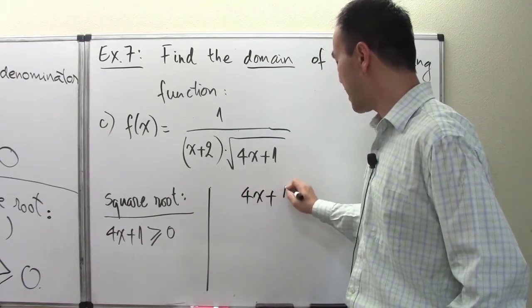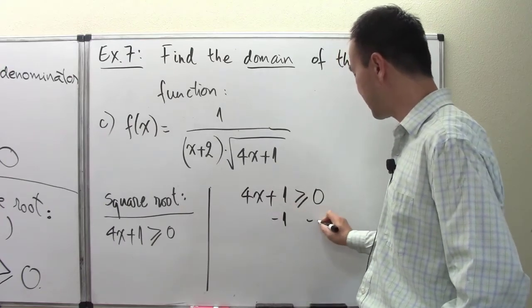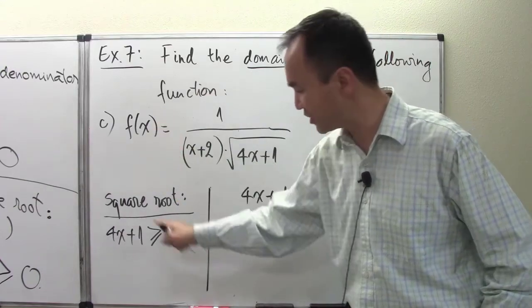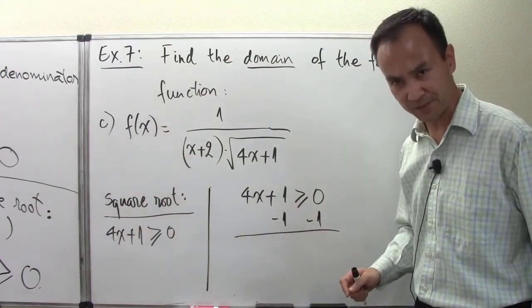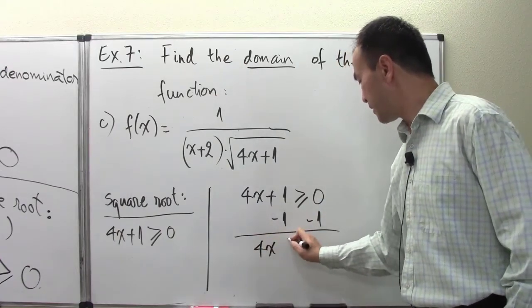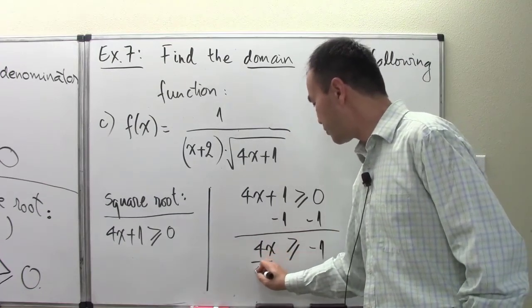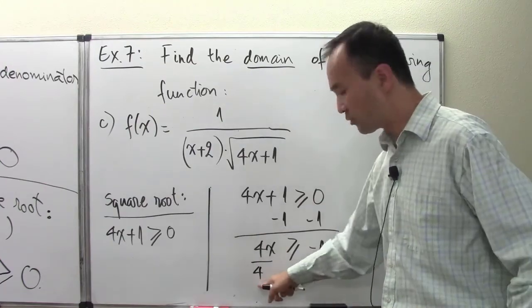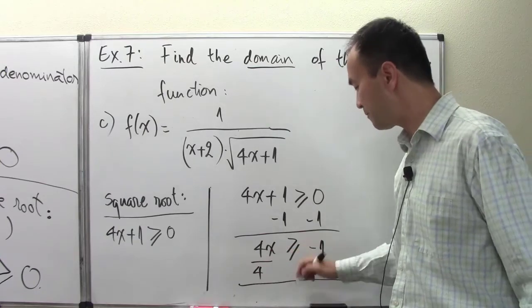To ensure 4x plus 1 is greater than or equal to 0, I'm going to subtract 1 from both sides, because we are solving that inequality for x. Subtracting 1 from both sides, I end up with 4x greater than or equal to -1. Then I divide both sides by 4, and since the number we're dividing by is positive, we don't need to flip the inequality.